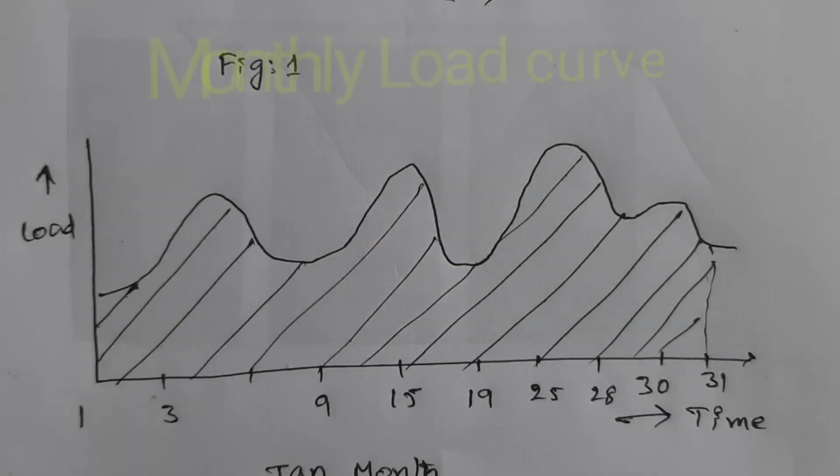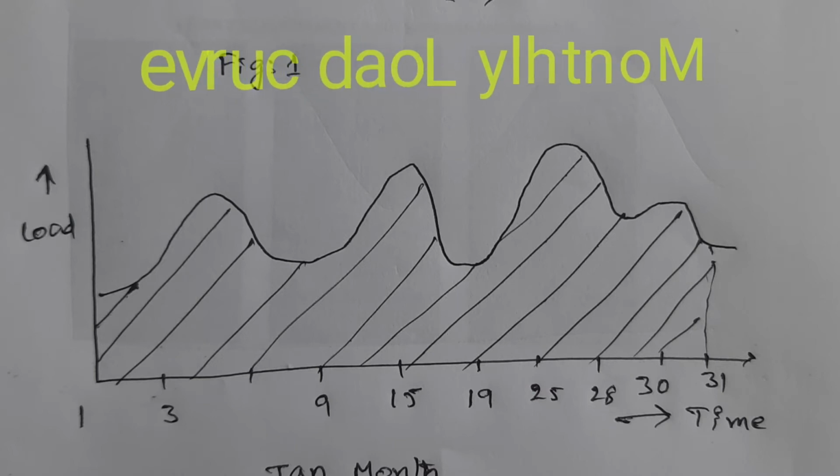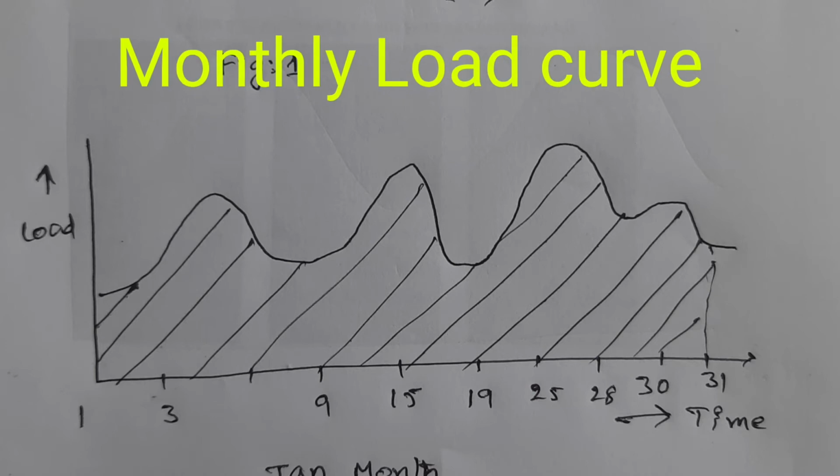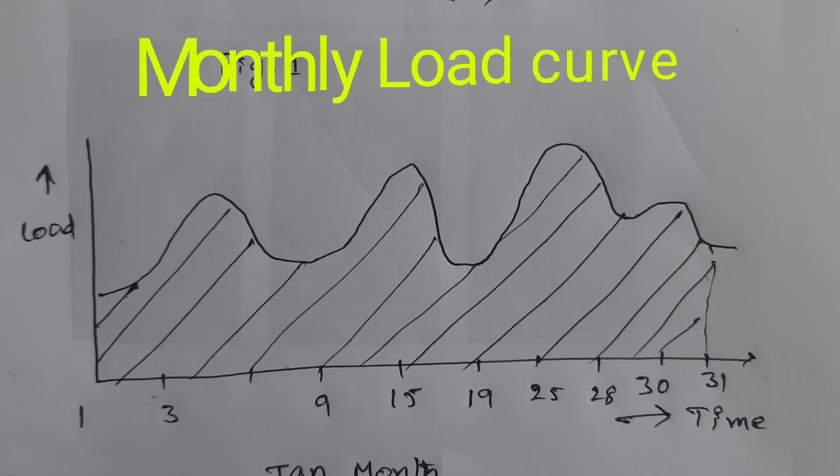The monthly load curve can be obtained from the daily load curves of the month. For this purpose, the average value of power over a month at different times of the day is calculated and then plotted on the graph.